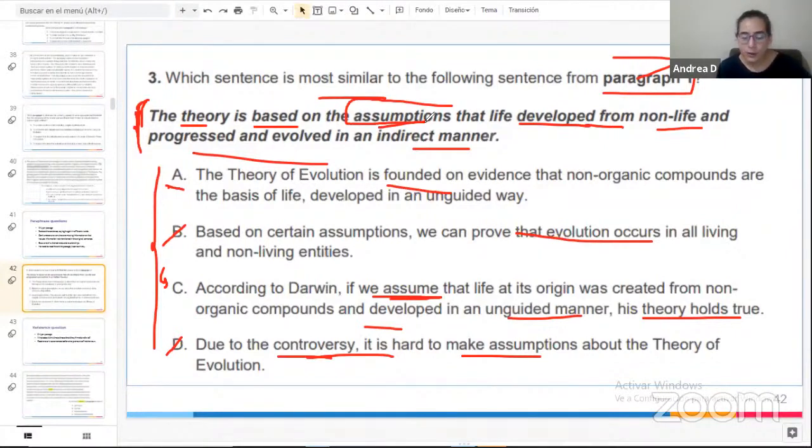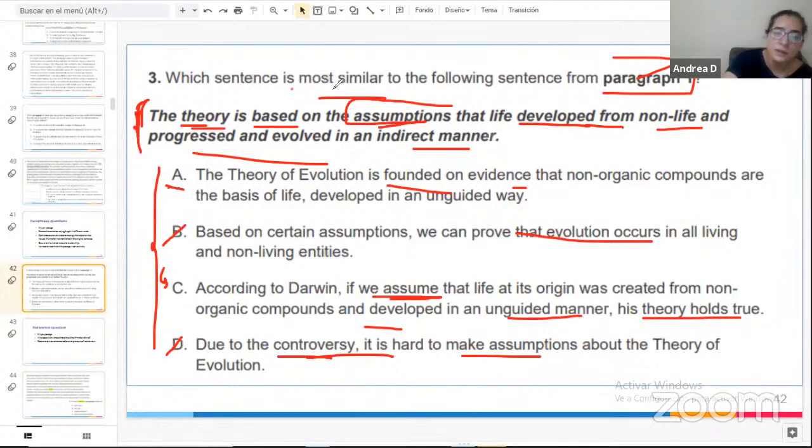But if you think about it this way, wouldn't the evidence be the assumptions? Because obviously every theory has its evidence, right? And in this case, the evidence that holds that theory are those assumptions that life developed from non-life. So maybe if you had something like on evidence, oh, well, yes, it should be something closer to that.